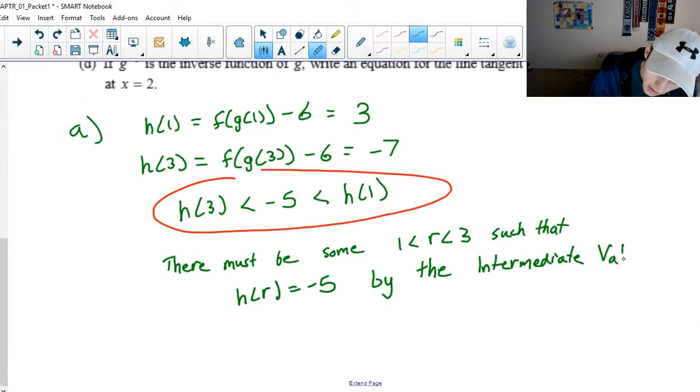Okay, so going back to last semester, the intermediate value theorem.